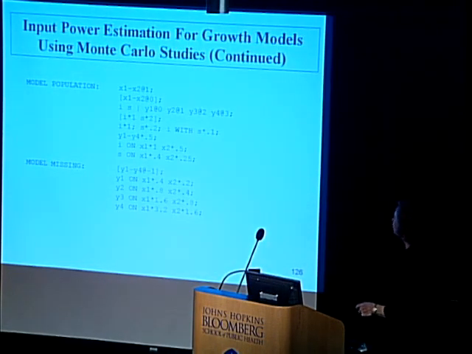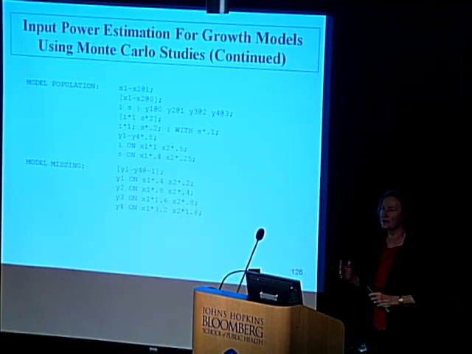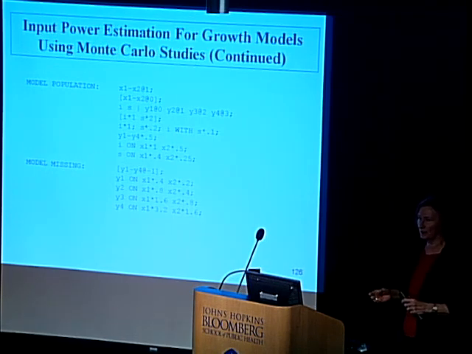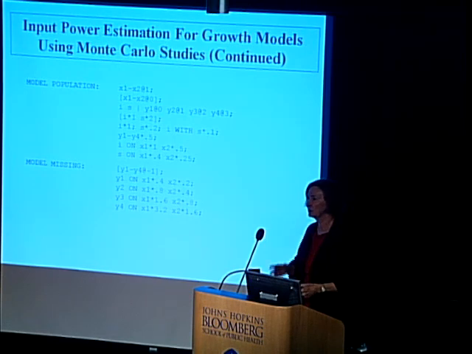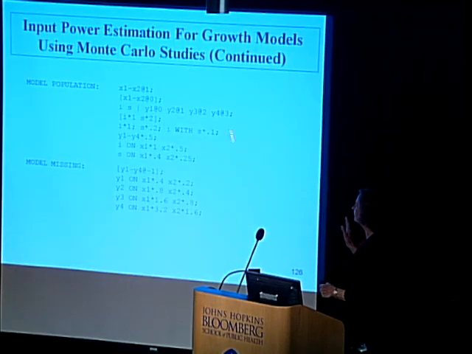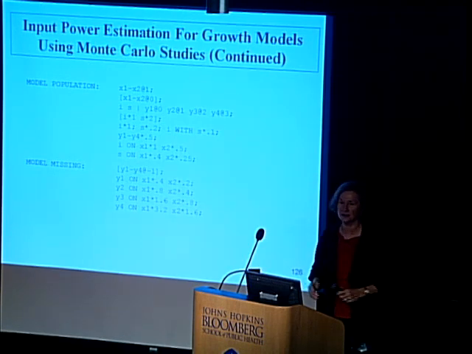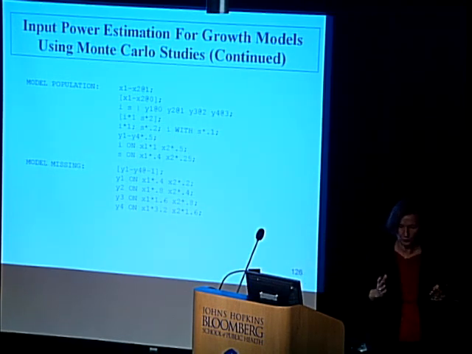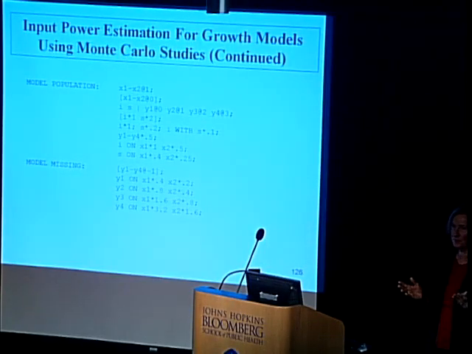So in model population, and just an aside, I mentioned, I think yesterday, that we have this new option in Mplus where all of the input statements can be provided to you with starting values that are the ending values of your analysis. That'd be a perfect way to get model population. So you would run your analysis on your own data, the one that you want to know whether your sample size is large enough to have the power to detect the differences you're looking for.